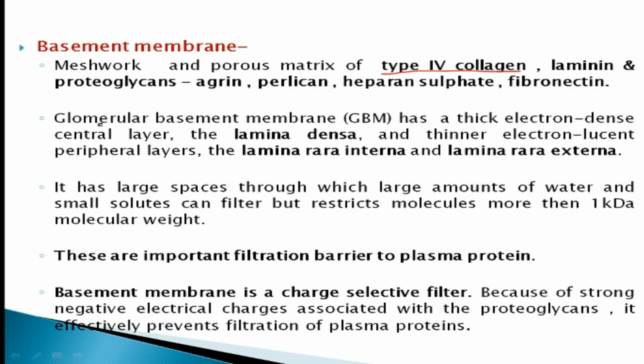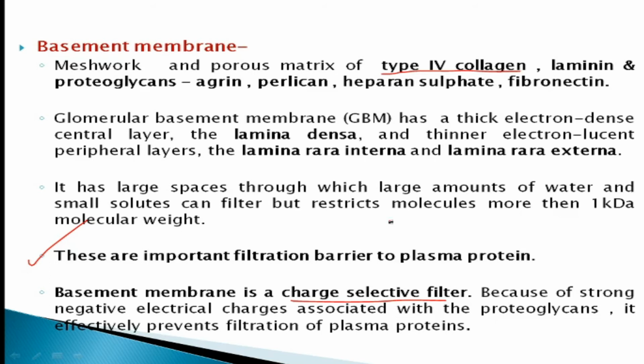The important thing here to remember is that it is an important filtration barrier for the plasma proteins. So the basement membrane is a charge selective filter. That means it filters the substances on the basis of their electric charge.